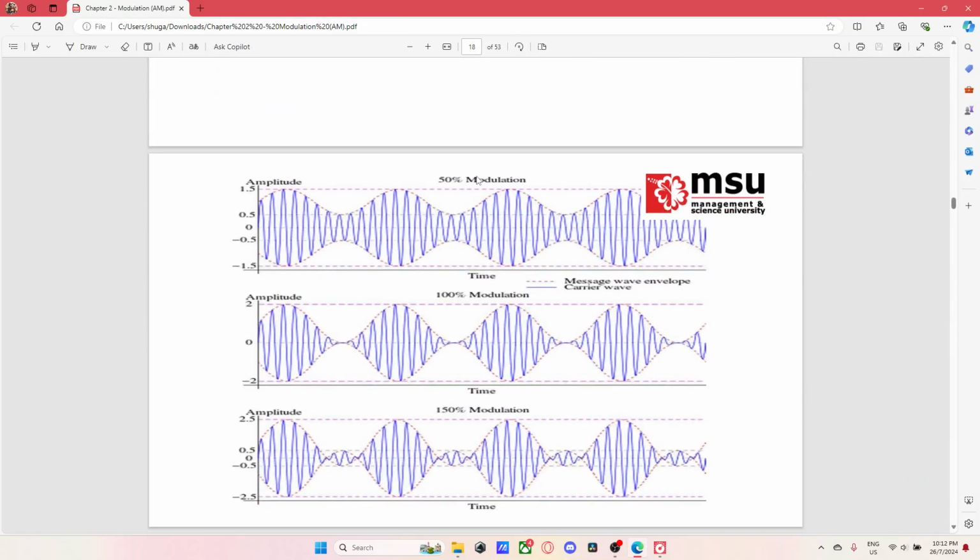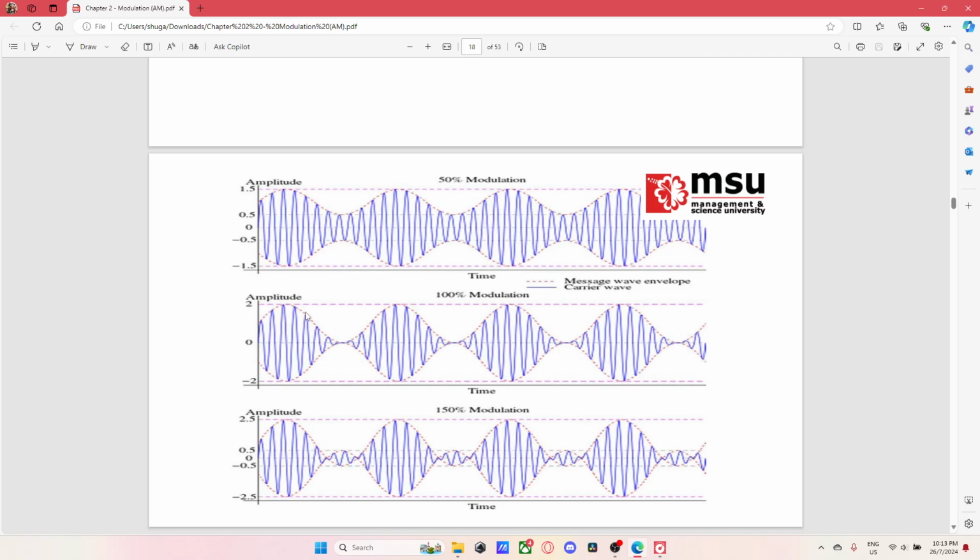So this is 50% modulation, which is 0.5. Since 0.5 is between 0 and 1, this is normal. Here it shows 100% modulation, which is M equal to 1. This is M equal to 0.5 and this is M equal to 1.